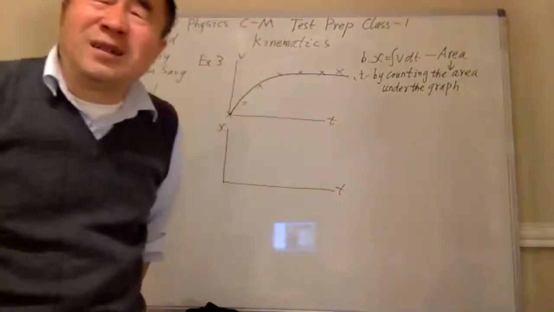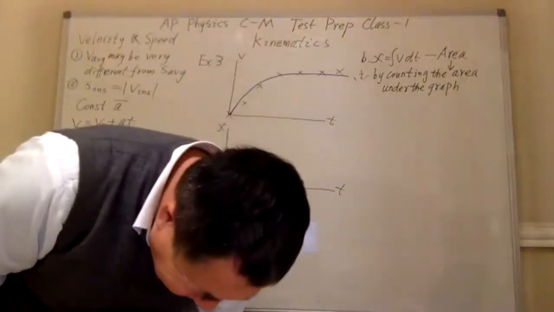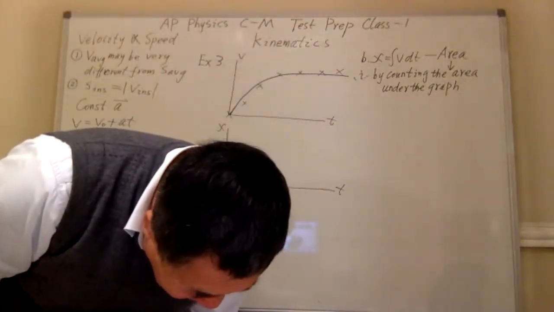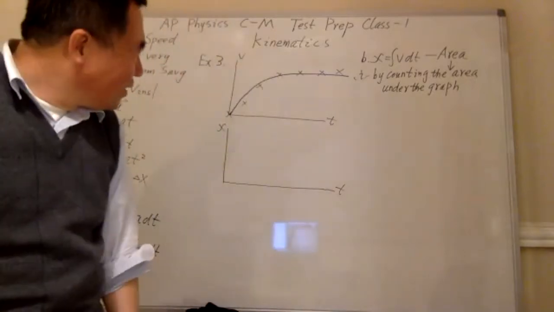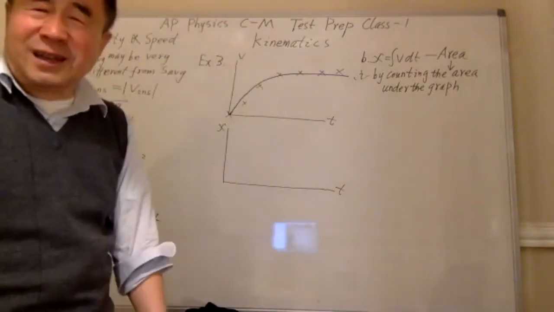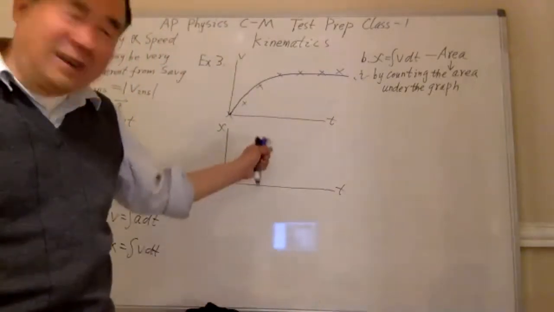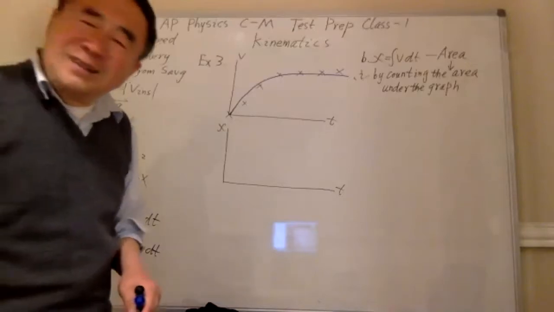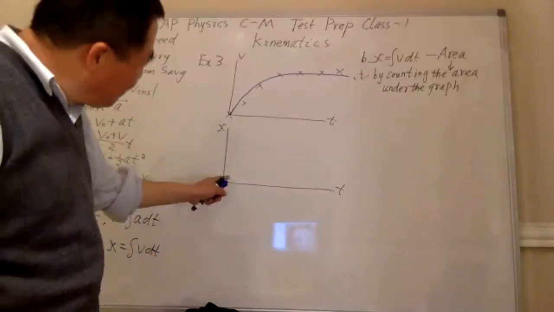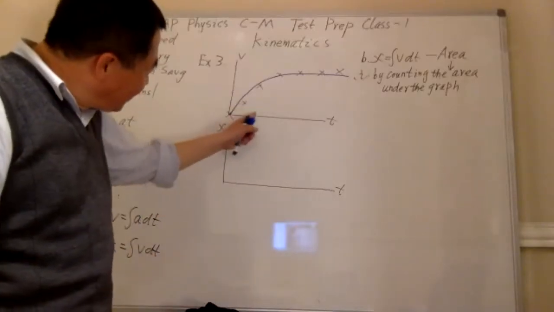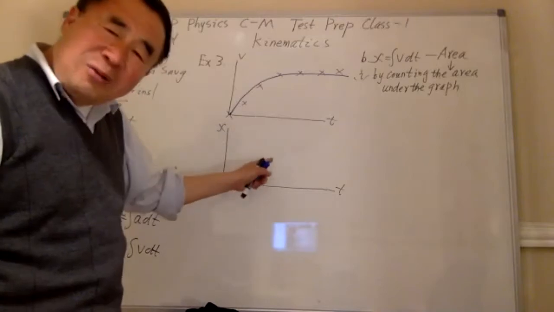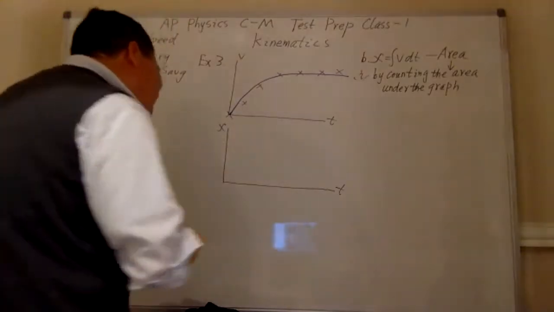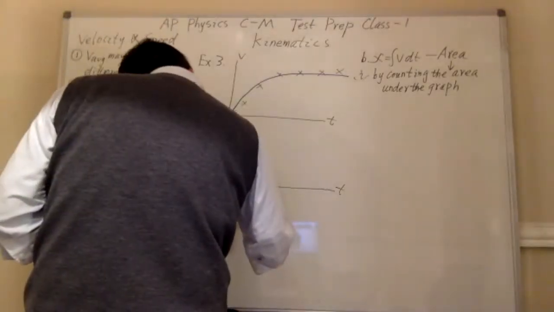You count the area. It's so hard to count the area, because you need to count at different time moments.